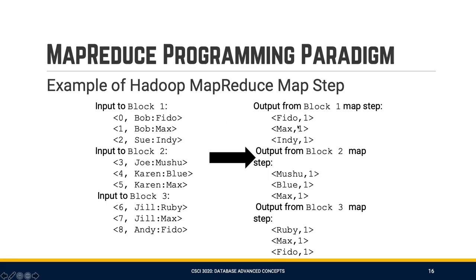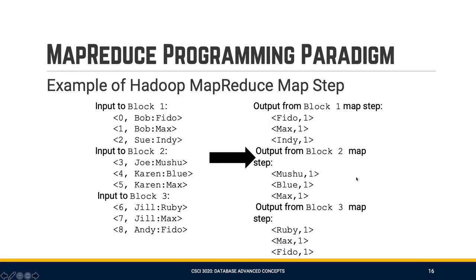We know there's a Max, one instance of a Max, and an Indy there as well. Now we complete this process on each block. This happens in parallel, which greatly speeds up the processing power that we have. Now we have the mapping from the dog name to the count of that dog name on each block.